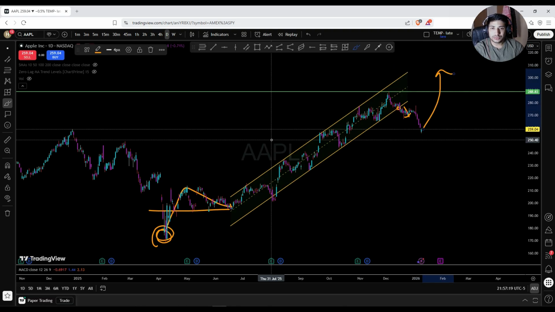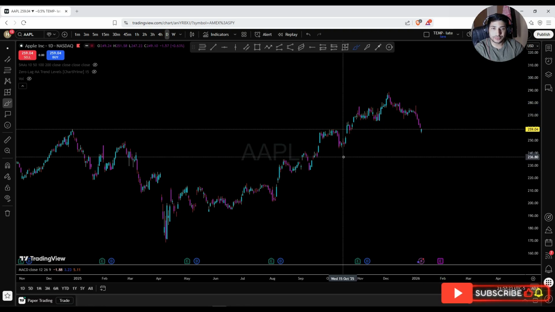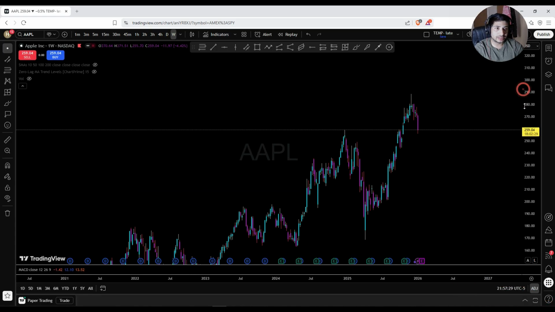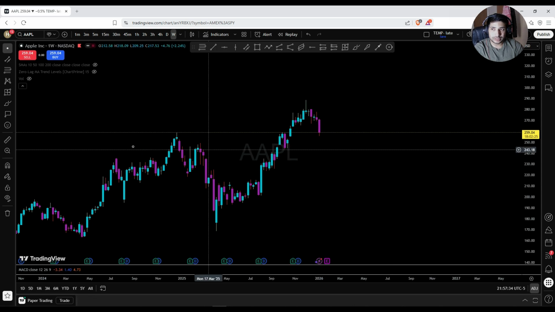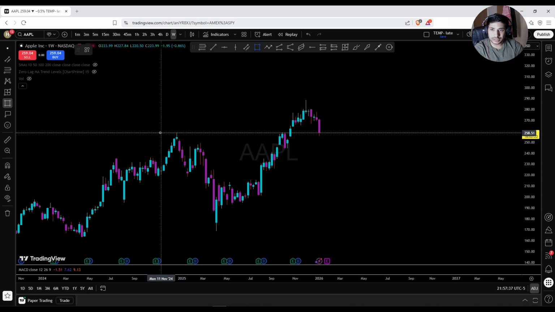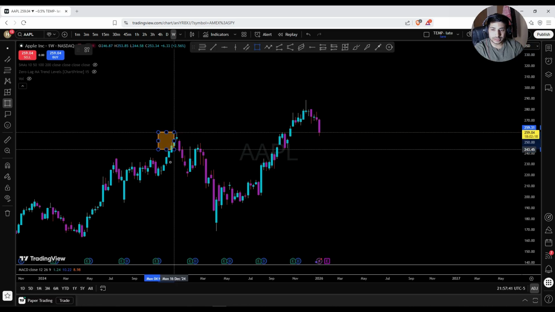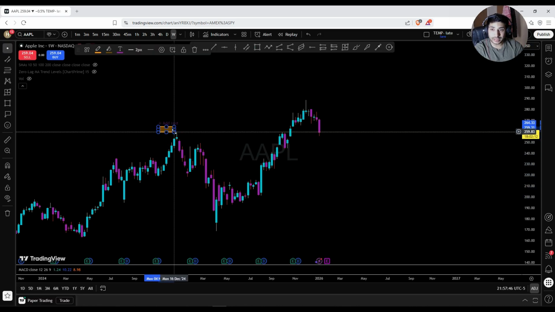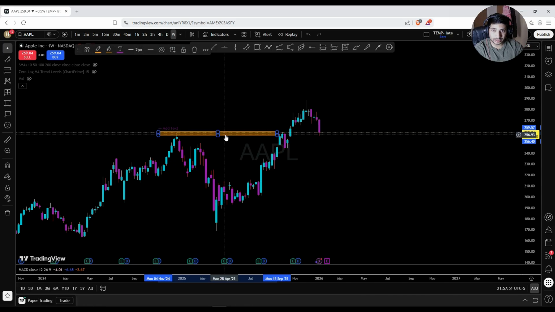Let me delete this and look at the weekly time frame. Click on 1 week and let's see what it looks like. On the long-term frame there is good news, because you can see the top from December 2024, one year back. We are hitting the same resistance point again this time.